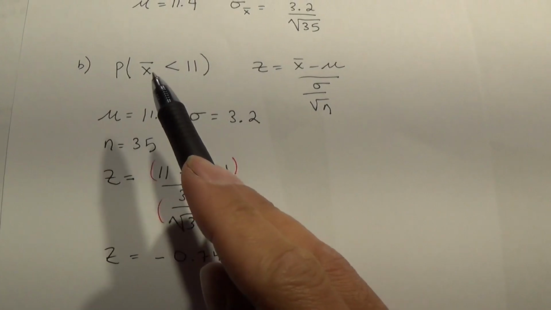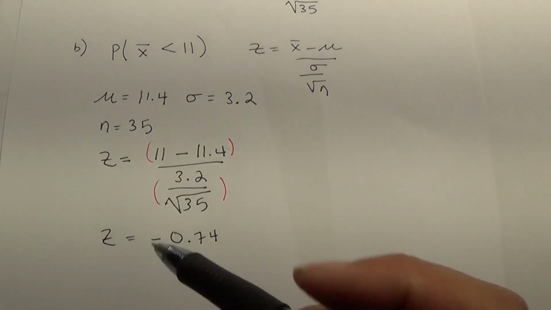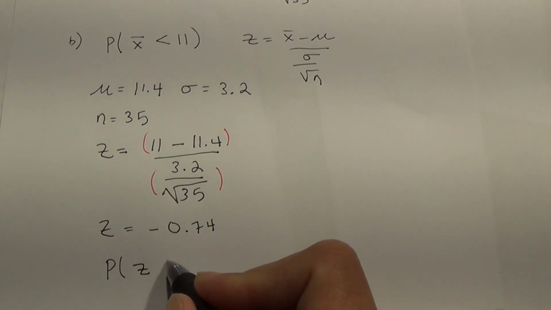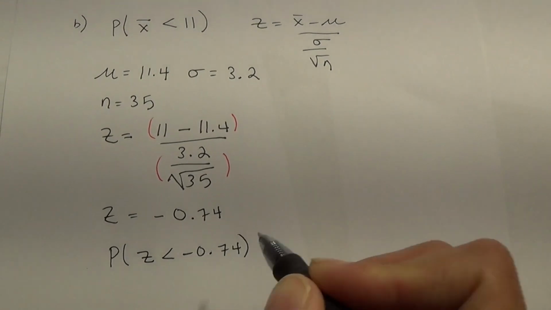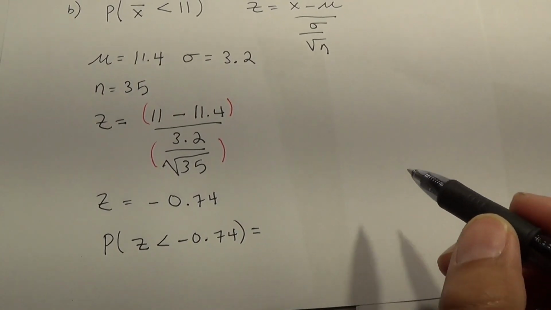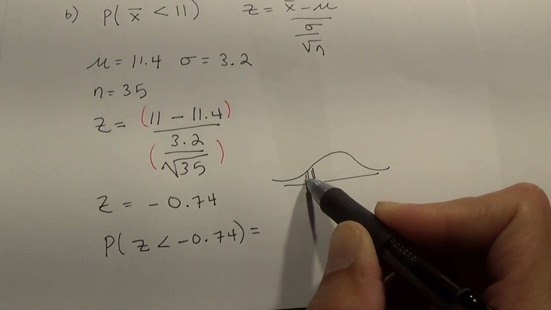Now, instead of finding the probability that the sample mean is less than 11, we're now asked to find the probability that Z is less than negative 0.74. So we'll use our Z table to find the area on the left.